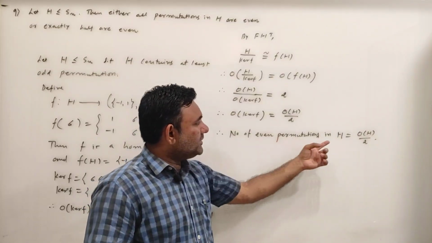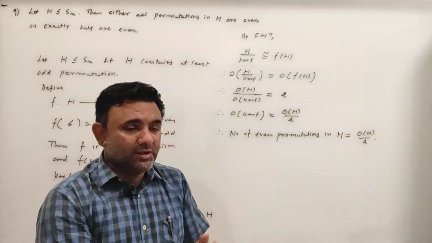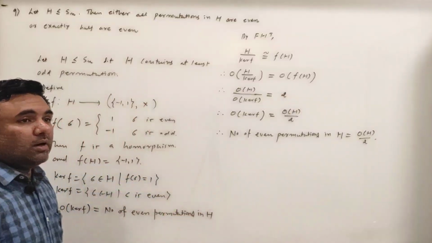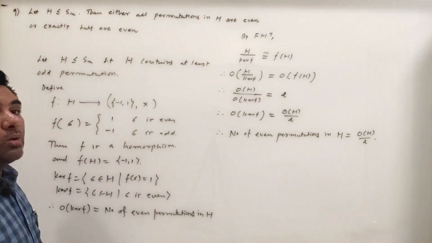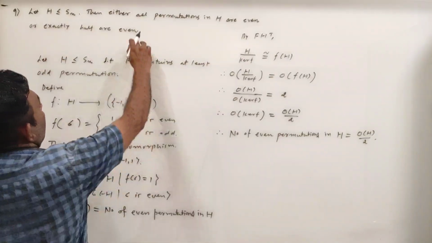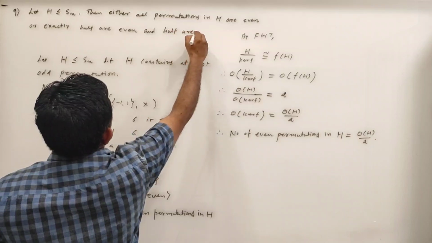Number of even permutations in H is what? Order of H divided by 2, that is, half are even, right? Half are even, so the remaining are odd, right? So exactly half are even, and let me add here, half are odd.